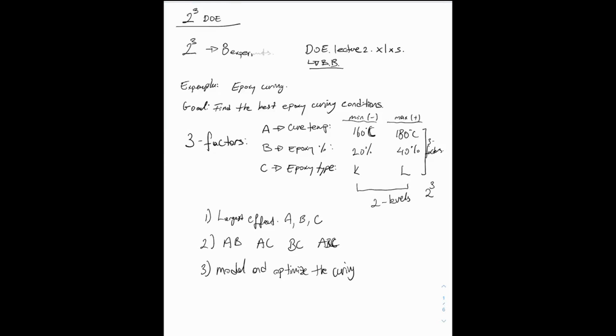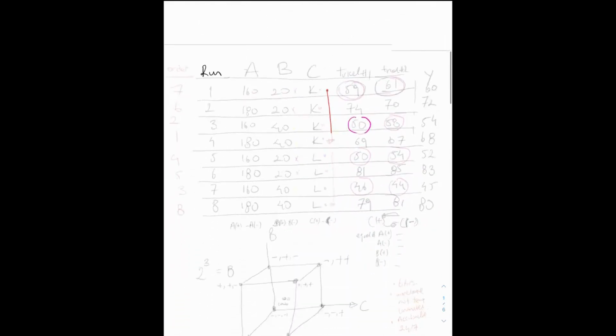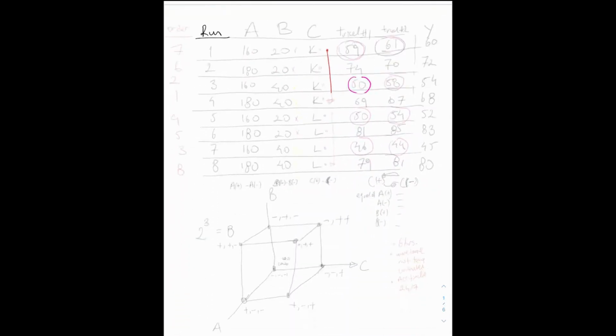Okay, so let's go to the next page and write our experimental table. Okay, our experimental table was that the run was number 1, 2, 3, 4, 5, 6, 7, 8, correct?